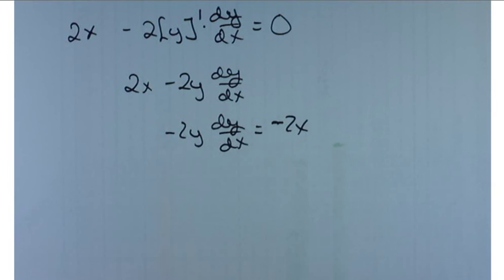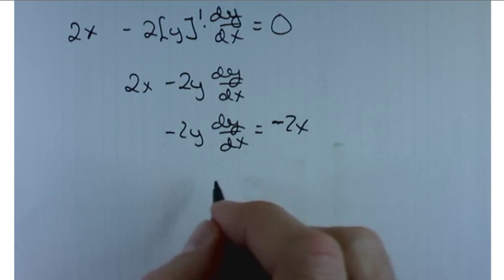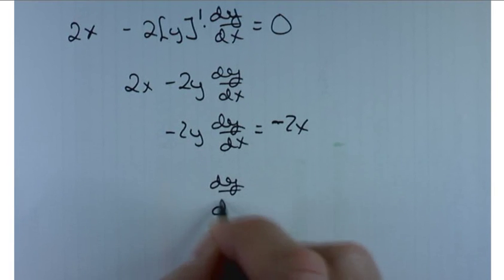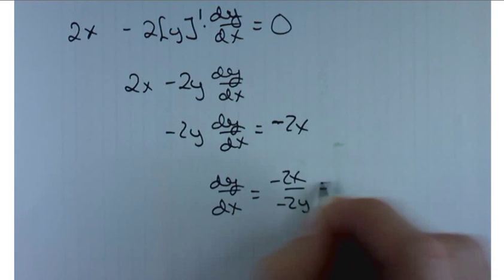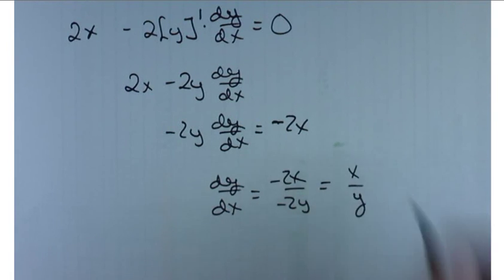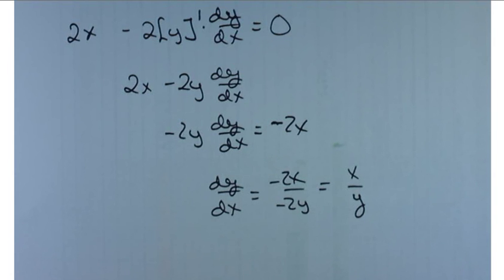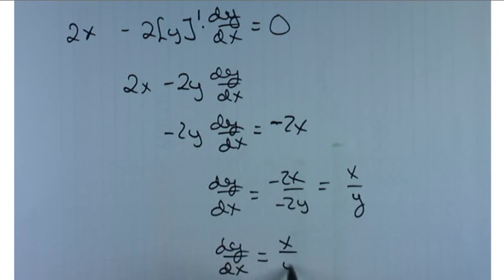Let's divide both sides by negative 2y. dy by dx equals negative 2x over negative 2y. Better yet, just x over y. So there's your derivative. dy by dx equals x over y.